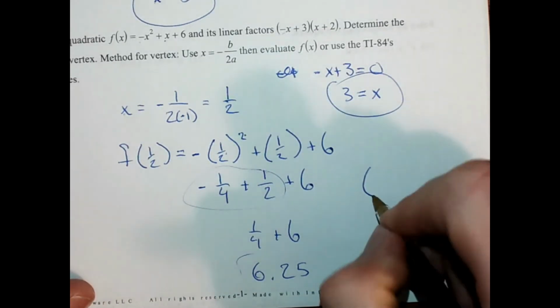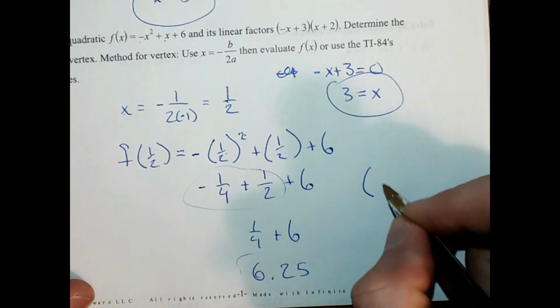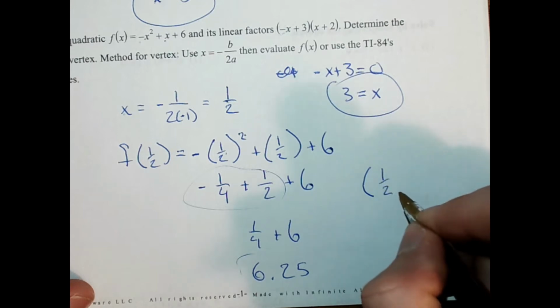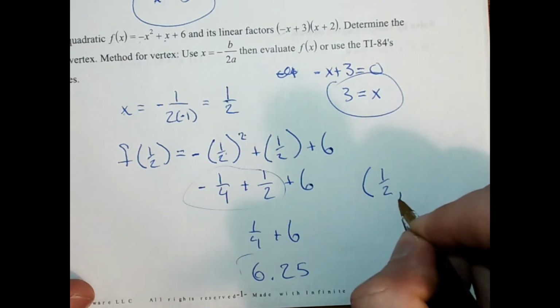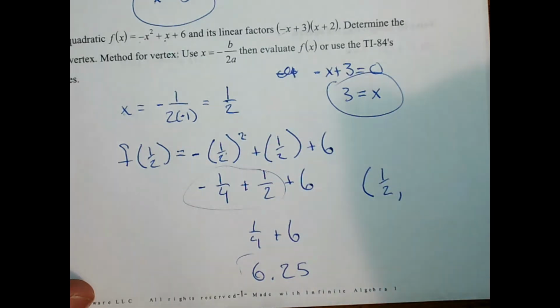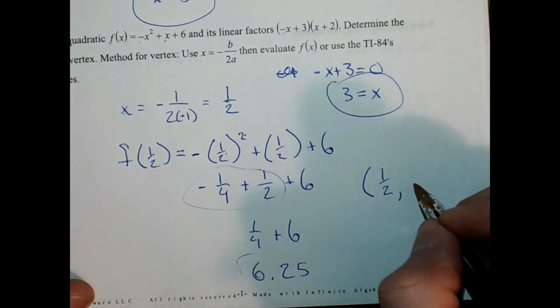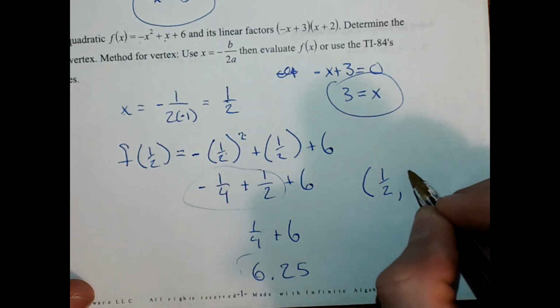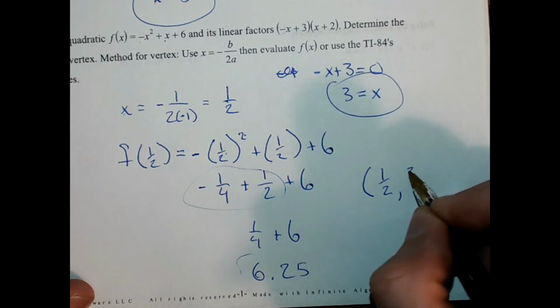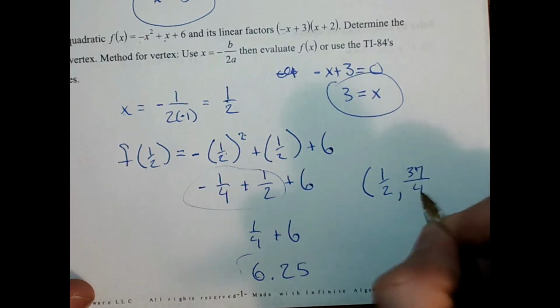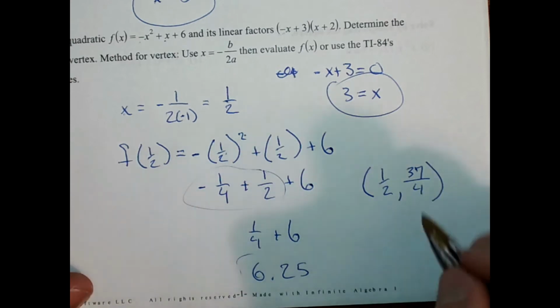So then our vertex is going to be 1/2, 6.25, and I think that would be 37/4 if we wrote it as a fraction.